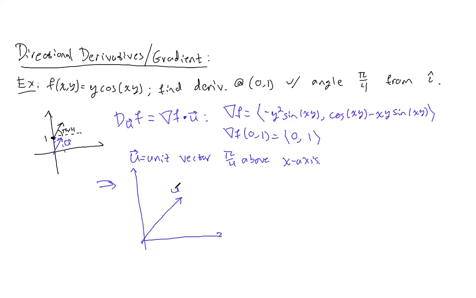Here's the vector u. Here's your angle of pi over 4. And we know that it has to be a unit vector, so its total length is 1. Now that we've drawn this figure, this looks like a pre-calc thing. We've got the point (1 over root 2, 1 over root 2). So we can conclude that u is just going to be (1 over root 2, 1 over root 2). That will do the trick.